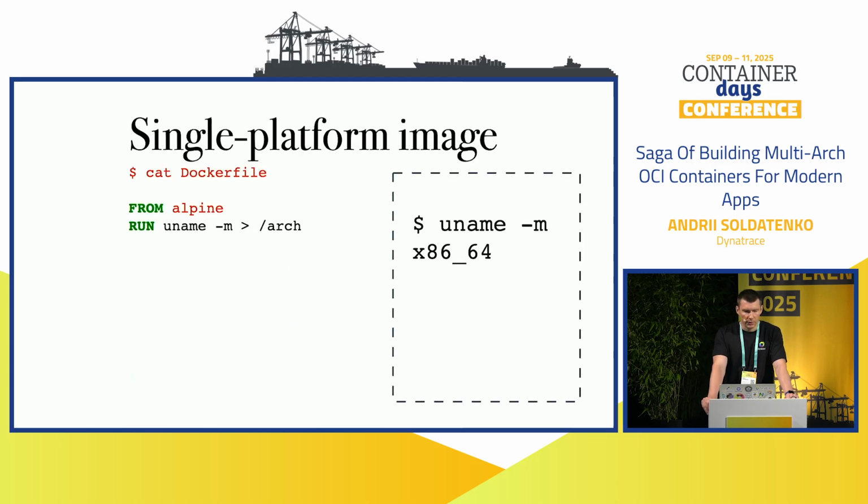So let's talk a little bit about a single platform image. What does it mean? I have a simple Dockerfile or Containerfile. Quick note: today I will mix Dockerfiles and Containerfiles, Podman and Docker and other tools, because we try to be abstract, but we'll work with both. You can see I have this Alpine Dockerfile, which has one line: show me your architecture, and I pipe it to a file.